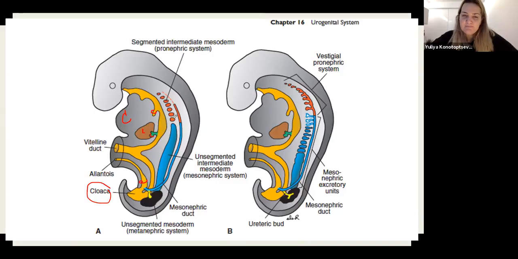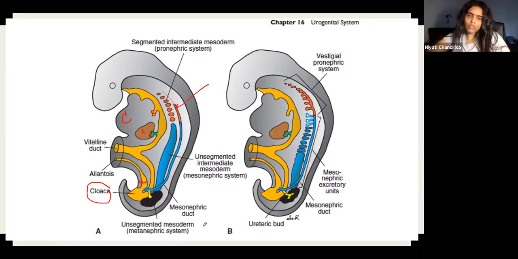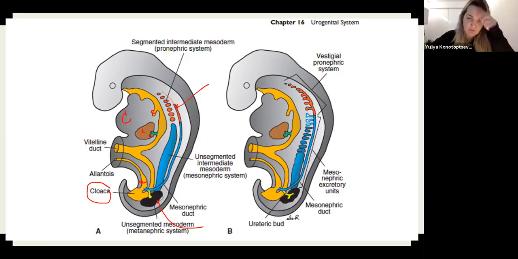So remember that. We can see that behind the gut tube, there is a kidney system that consists of 3 parts. So we have the pronephros in the cephalic region, the mesonephros in the middle, and the metanephros in the most caudal end. On this picture, all 3 systems appear together, simultaneously, but that's not true.